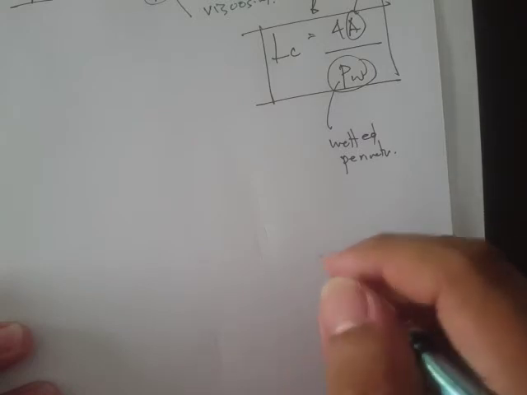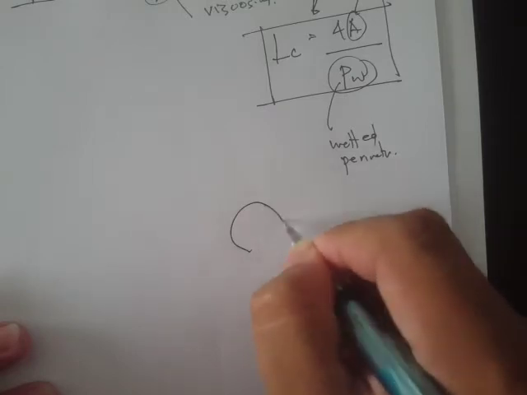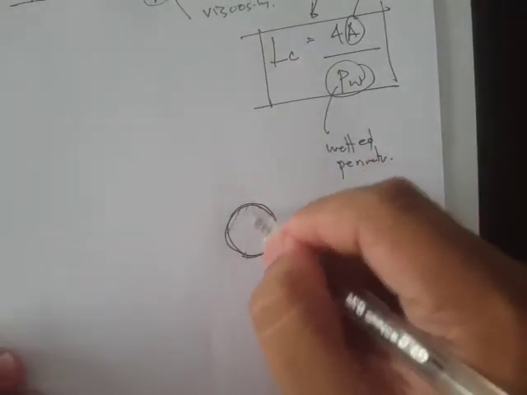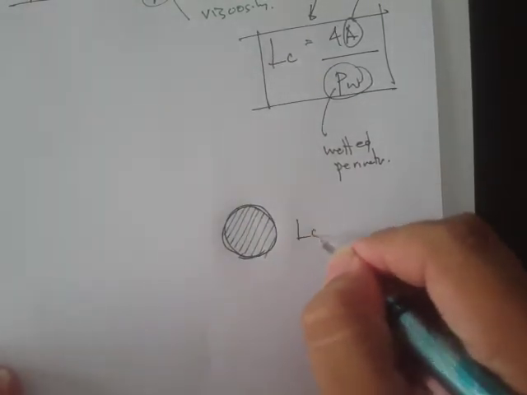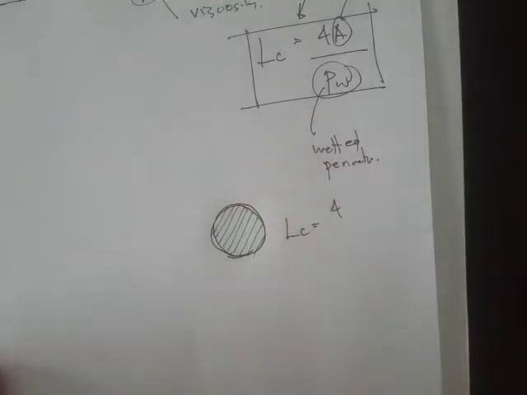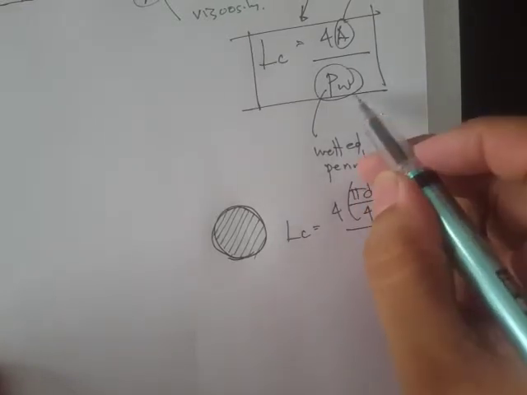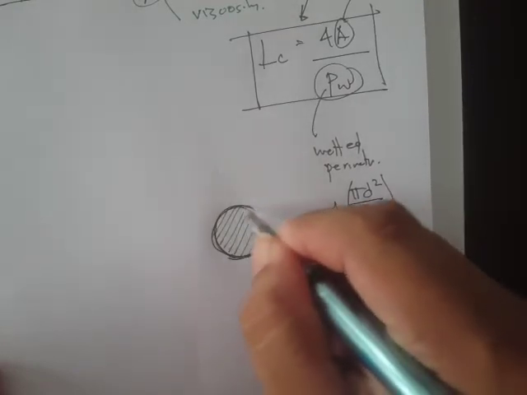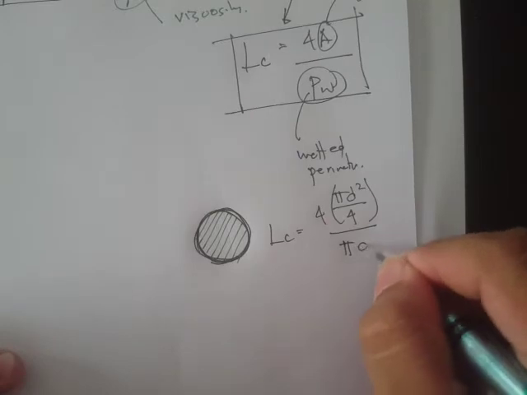For example, if we have a circular pipe with a fully filled flow, then our LC would be 4A over P sub W. The cross-sectional area is pi d squared all over 4, and the wetted perimeter is the entire circumference, so that's just pi d.